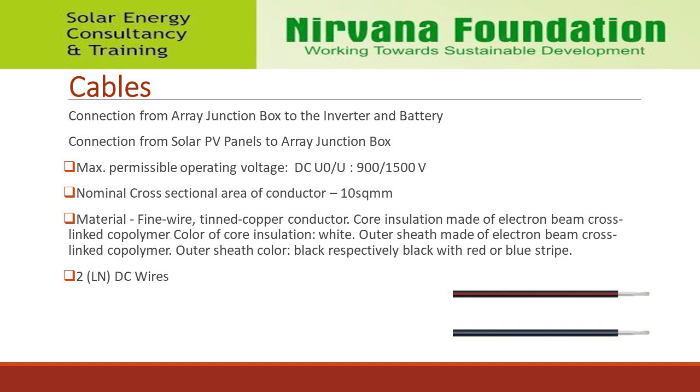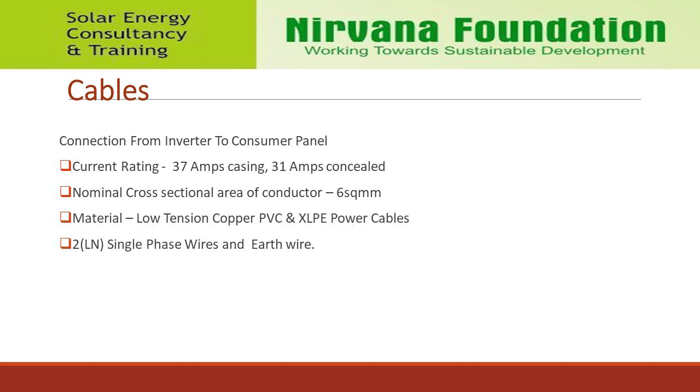Material, fine wire, tinned copper conductor. Core insulation made of electron beam cross-linked copolymer, color white. Outer sheath made of electron beam cross-linked copolymer. Outer sheath color, black, respectively black with red or blue stripe. 2 line, DC wires.